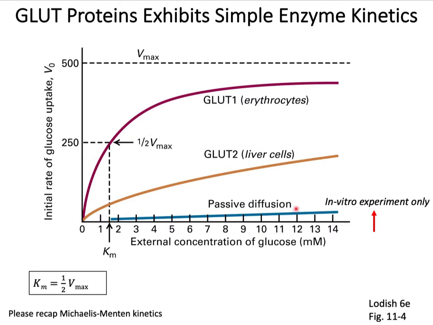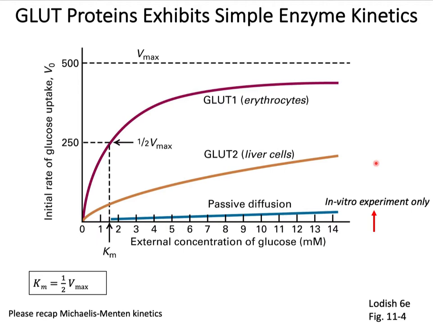Let's take a look at what distinguishes uniport from simple diffusion. Number one, the rate of substrate movement by uniporters is far higher than simple diffusion through the phospholipid bilayer. Number two, the transported molecule's partition coefficient K is irrelevant because the molecule never enters the hydrophobic phospholipid bilayer.